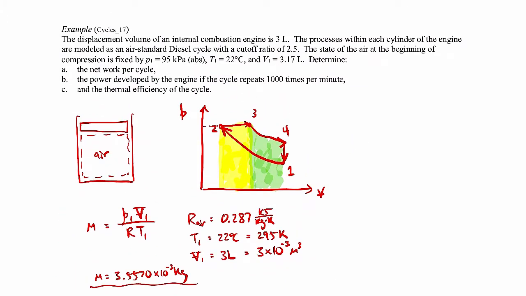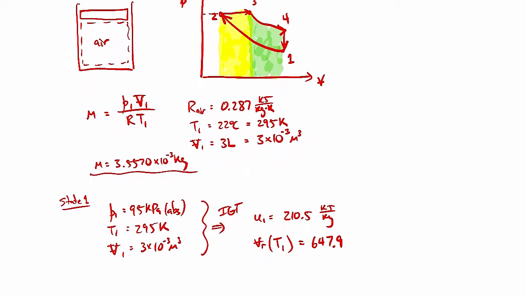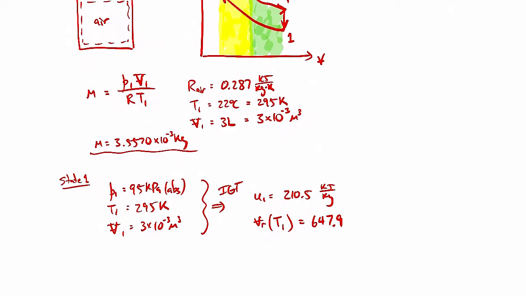V1 is given right here. So I apologize, I had V1 written down incorrectly. Let me fix that. That's 3.17 liters, so that's 3.17 times 10 to the minus 3 cubic meters. And then let me fix it down here as well. Okay, so that I just needed to fix.